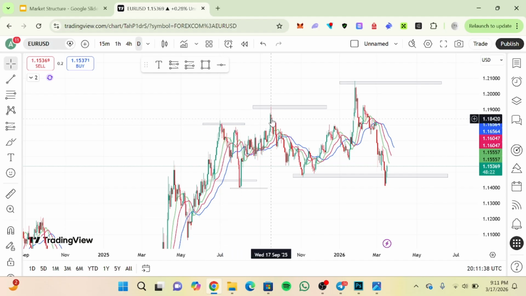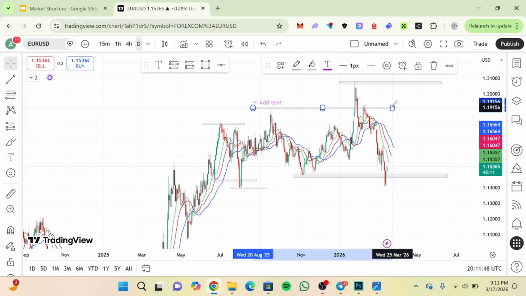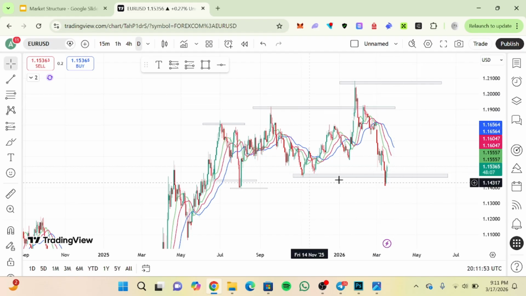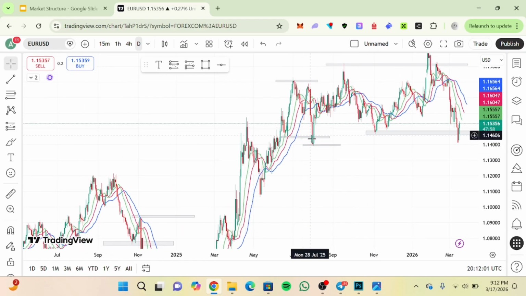This point where price broke above this high and closed above it, break of structure. This point, break of structure. This is break of structure. This point here with this red candle coming down here, break of structure. Yeah, this point with this red candle coming down here too, break of structure.